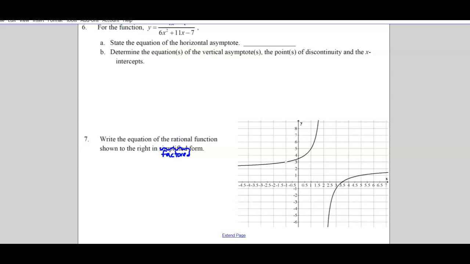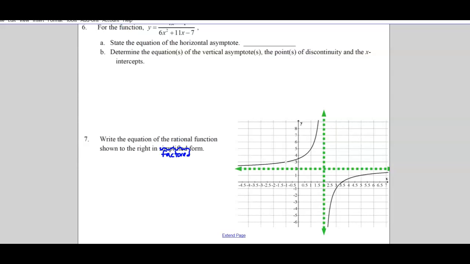With your pencil, find halfway horizontally between those arms. So I look for asymptotes, look for points of discontinuity, look for x-intercepts for sure, and maybe y-intercepts in terms of checking.